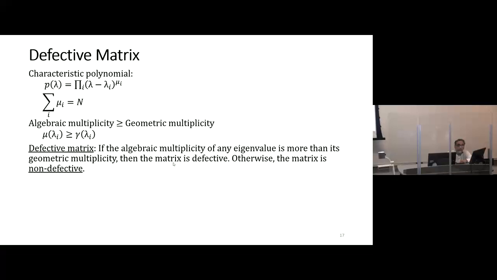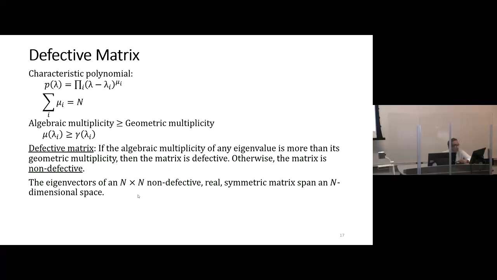It will just have lambda 1 equals 0, or one of the eigenvalues would be 0. So the eigenvectors of an n by n non-defective real symmetric matrix span an n-dimensional space.